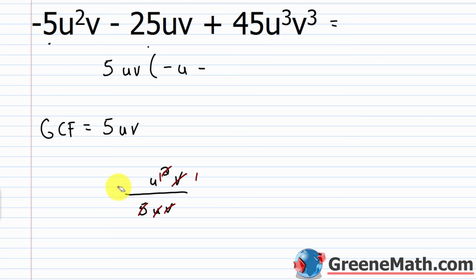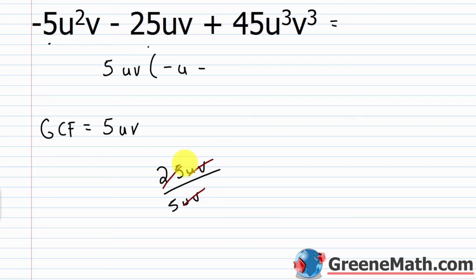We have 25uv over 5uv. So the uv in each case is going to cancel. 25 over 5 is 5. So this is minus 5 here, and then plus.